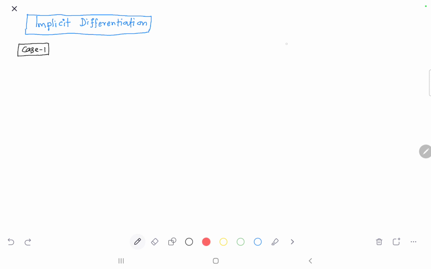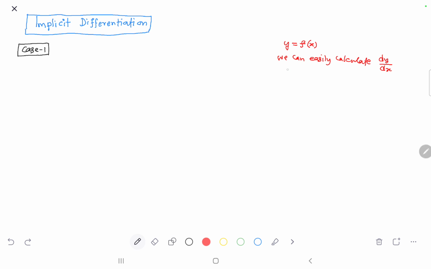Actually, if I give you y as a function of x explicitly, I mean, if I put y as a function of x, then we can easily calculate dy/dx.